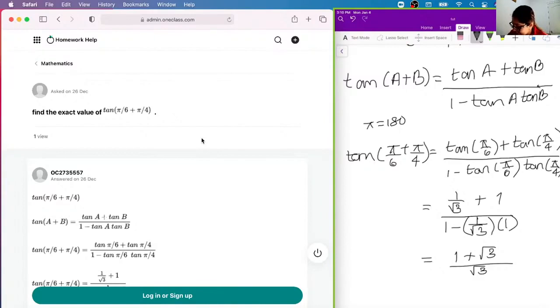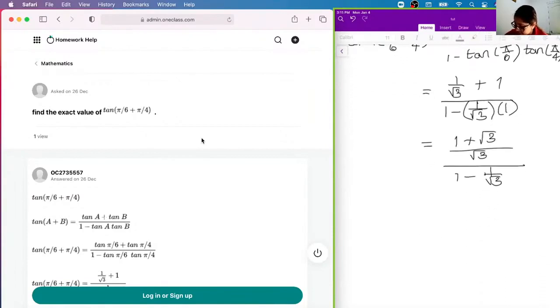And then all over 1 minus 1 over root 3.